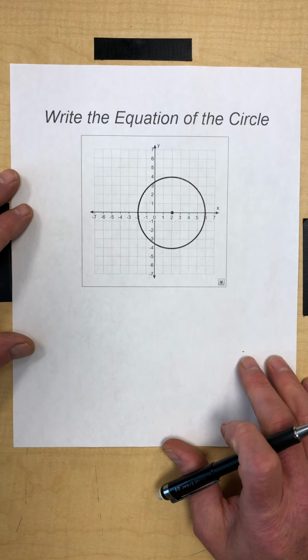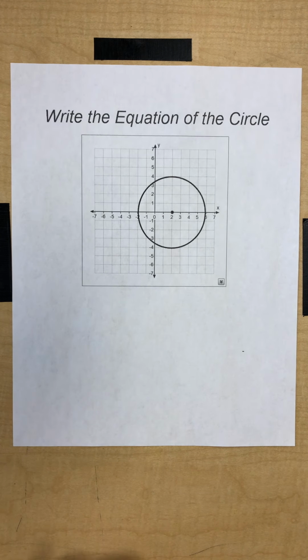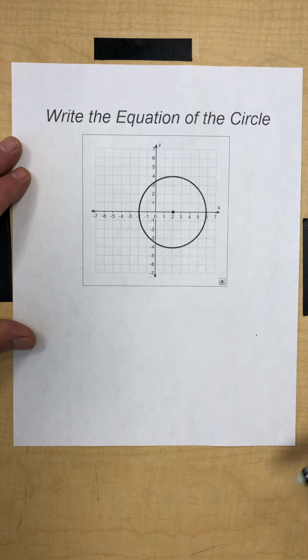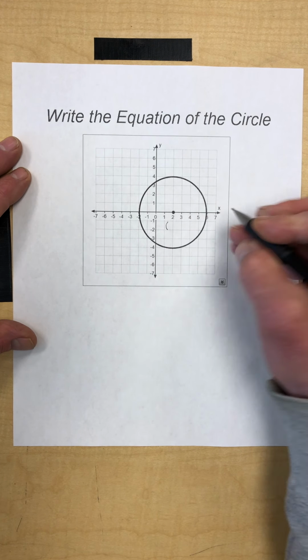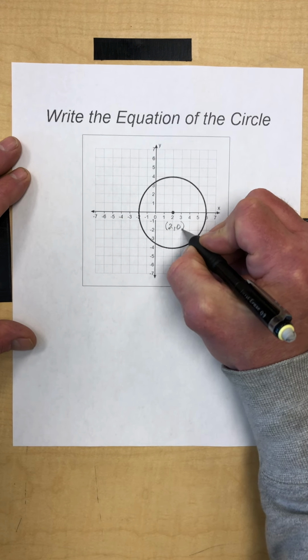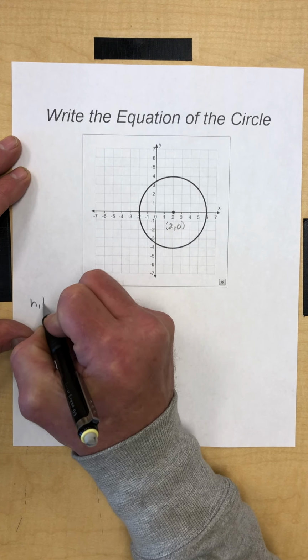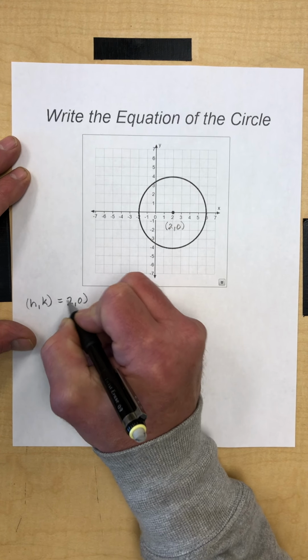Second one, same sort of situation. We are looking for the equation, so I need the center and I need the radius. It looks like my center is at (2, 0), so my (h, k) is (2, 0).